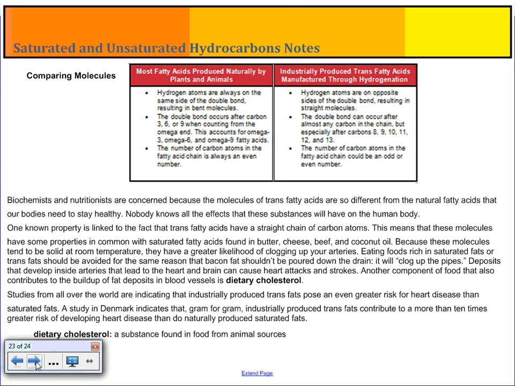Studies from all over the world indicate that industrially produced trans fatty acids are an even greater risk for heart disease than saturated fats. A study in Denmark indicates that gram for gram, industrially produced trans fatty acids contribute to more than 10 times greater risk of developing heart disease than do naturally produced saturated fats. Dietary cholesterol is a substance found in food from animal sources.